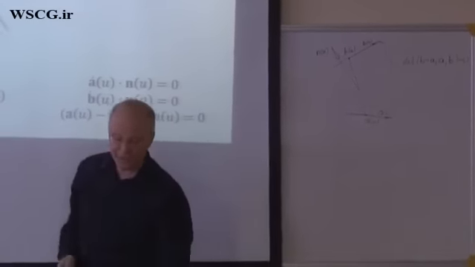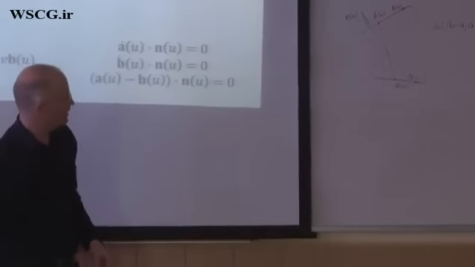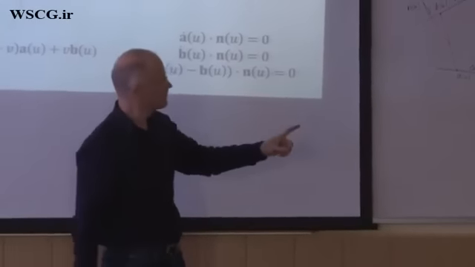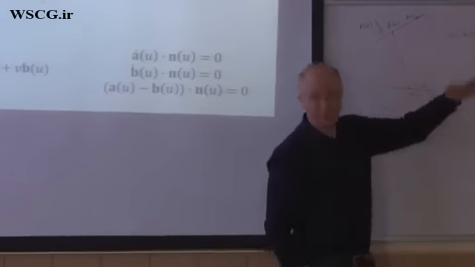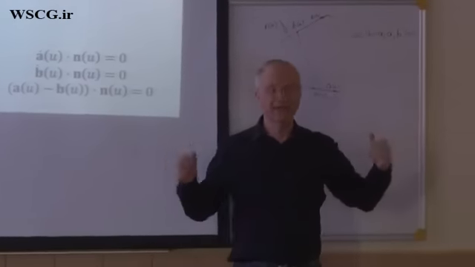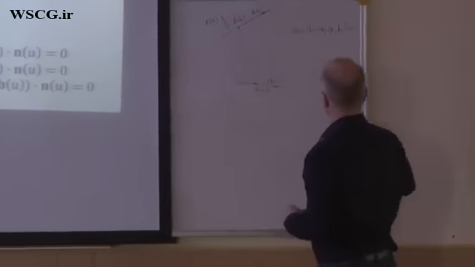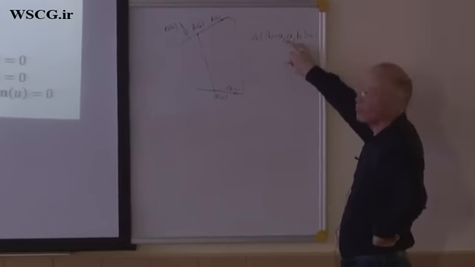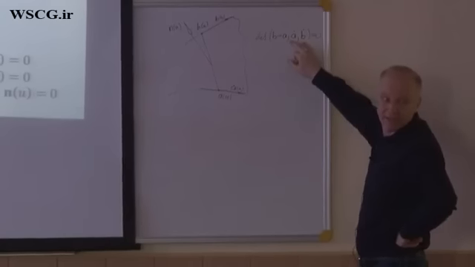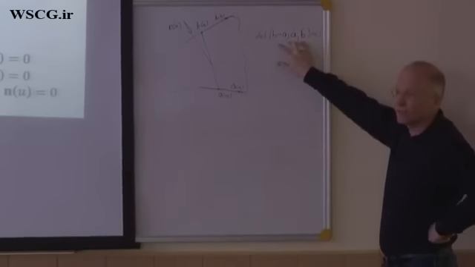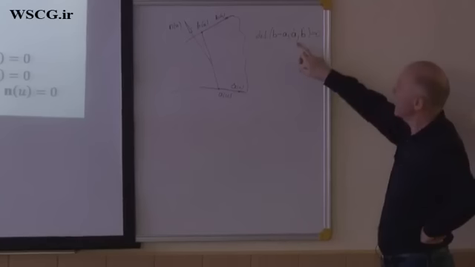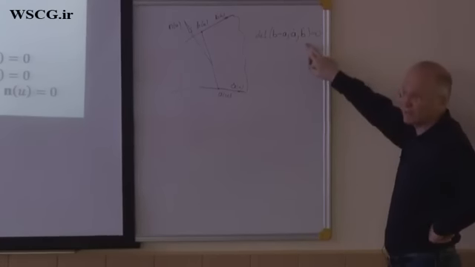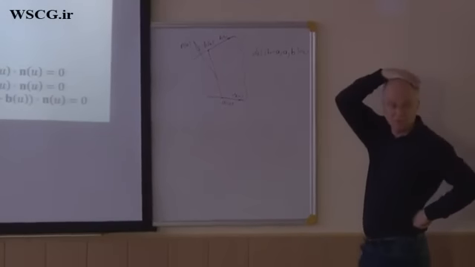Now you need to think about the fact that if this is Bézier, A and B are polynomials, say of degree n. Then A dot is of degree n minus 1 and B dot is of degree n minus 1. So this determinant is of degree n plus n minus 1 plus n minus 1. This would be 3n minus 2.